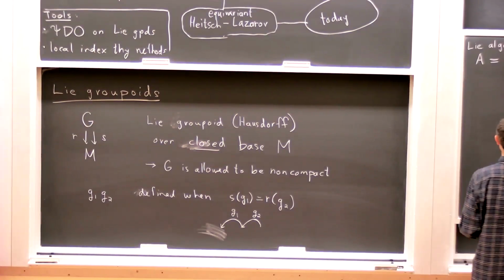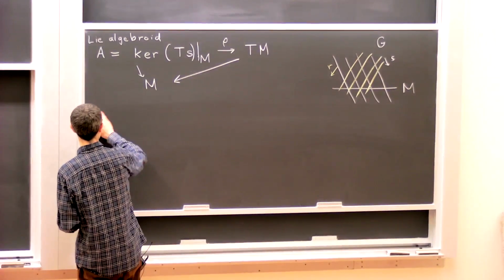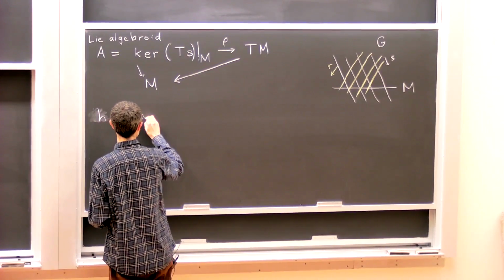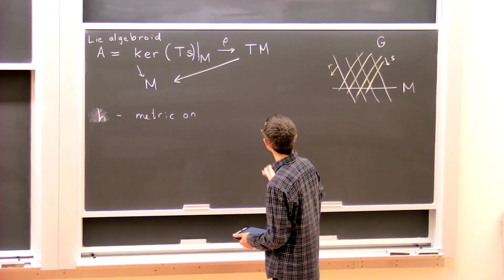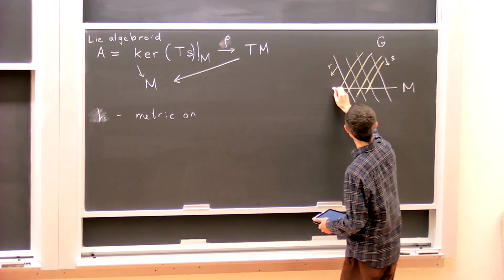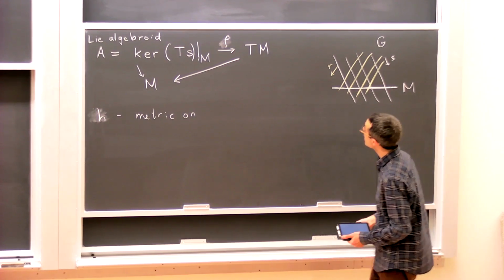Another piece of structure I'm going to use is a metric. So h, lowercase h, is going to be a metric on the fibers of A. What is the anchor map here? M is sitting inside G as the unit space.